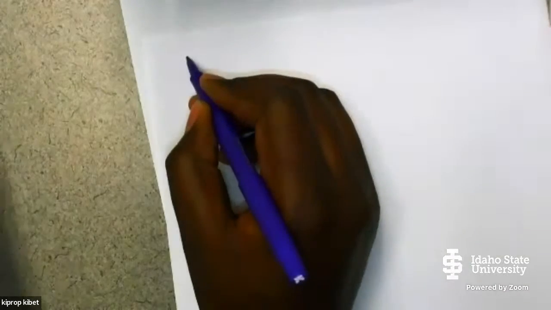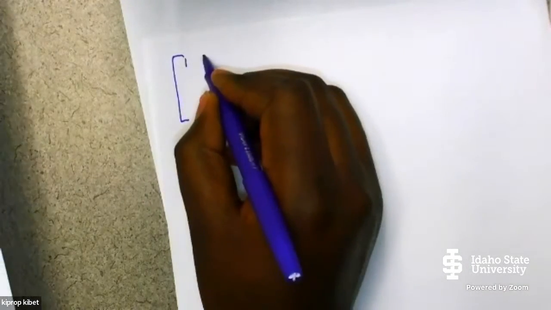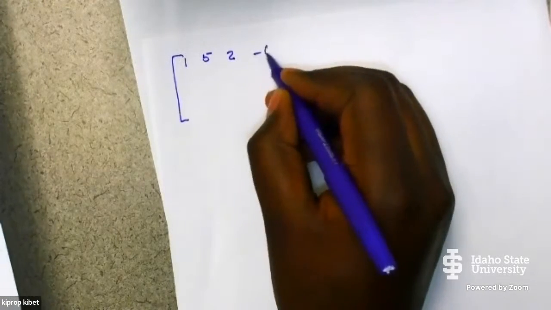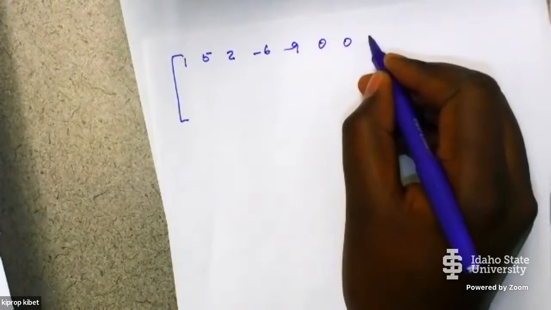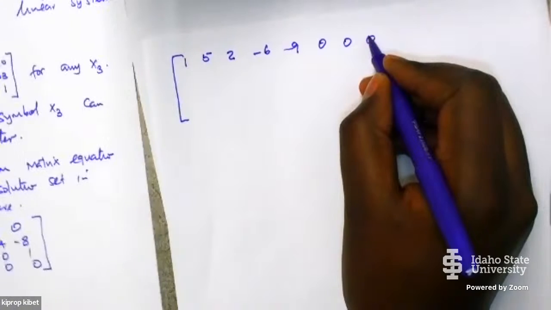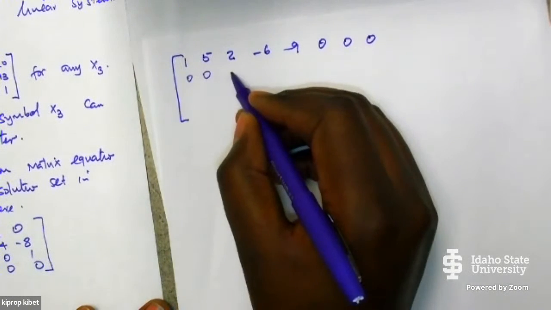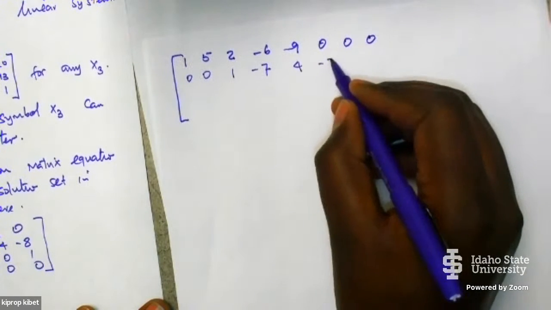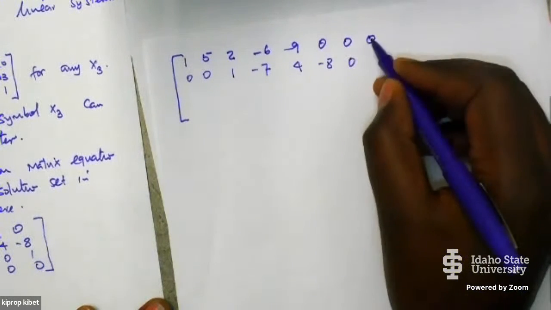Which will now be 1, 5, 2, -6, 9, 0, 0, then 0, 0, 1, -7, 4, -8, and then 0.